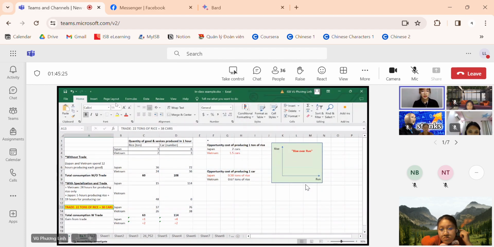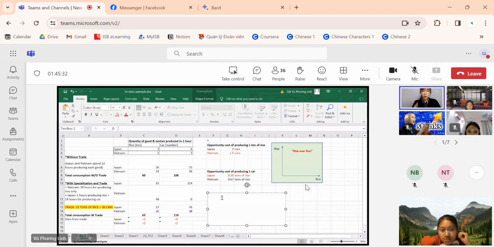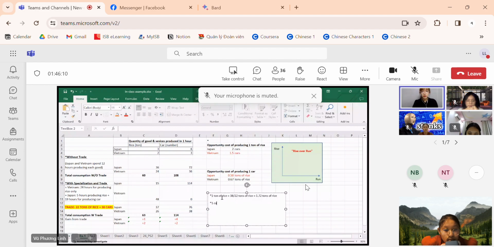So if we convert it on one basis, for example, here 1 ton of rice could be converted to 38 divided by 22 cars. So if we take 38 divided by 22, we have the result to be approximately 1.72 cars.